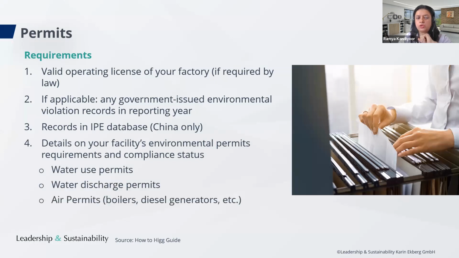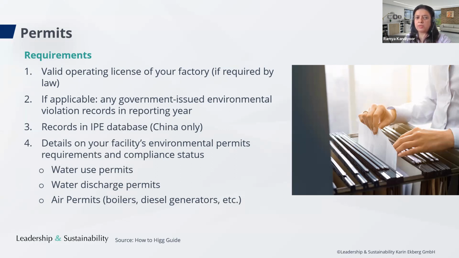And you would also require different other environmental permits which are in compliance. Specifically, let us say your water permit or your water discharge permit. These are some of the common permits that are required for any type of facility operations, and this is what you would require to upload into this section.